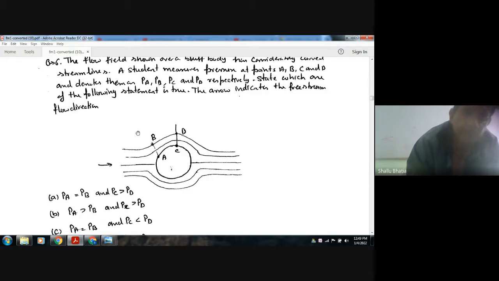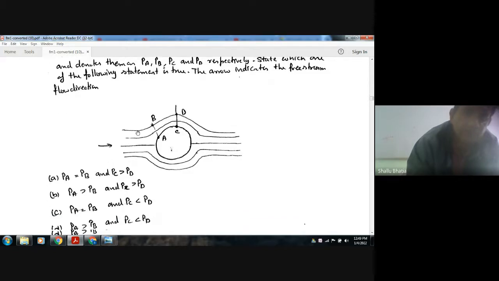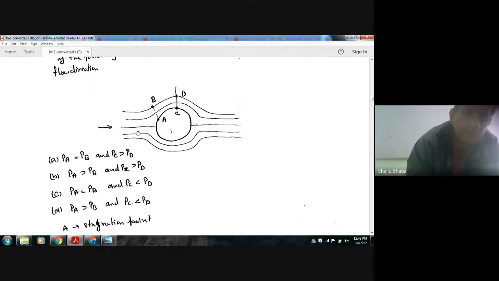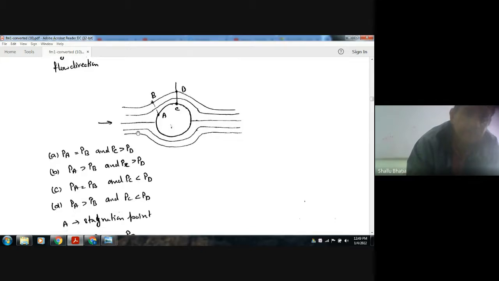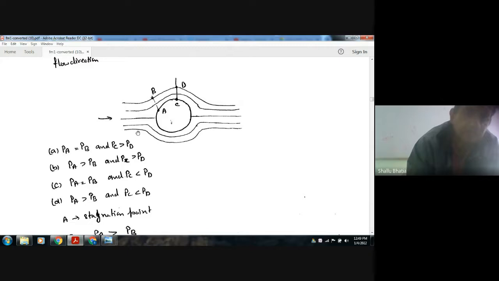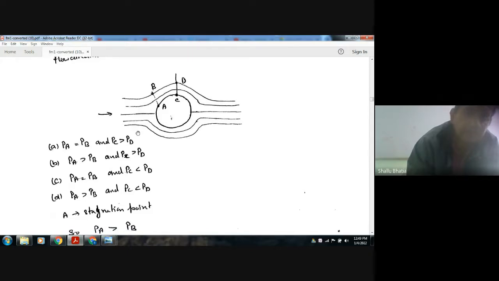The arrow indicates the free stream flow direction. A. PA is equal to PB and PC is greater than PD. B. PA is greater than PD and PC is greater than PD. C. PA is equal to PB and PC is less than PD. D.